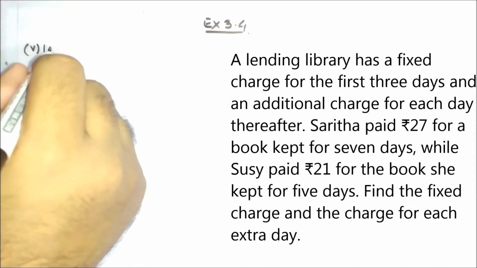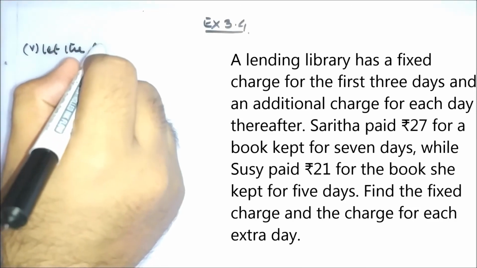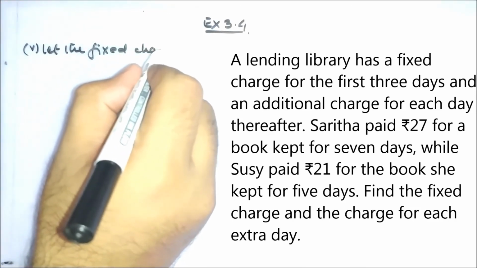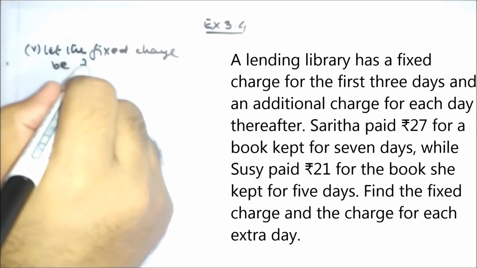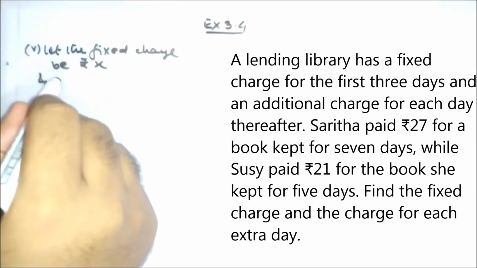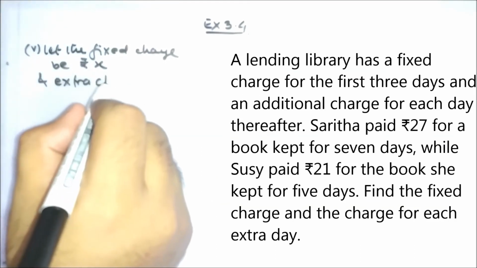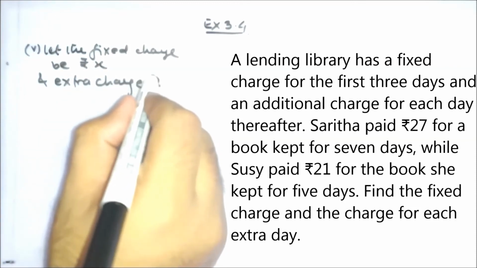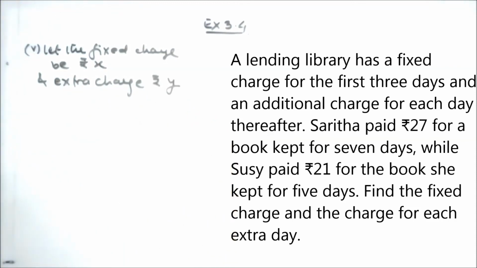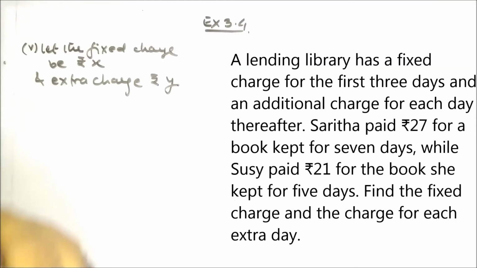So let the fixed charge be X rupees and the extra charge, that is per day only, be Y rupees. According to the question, if the book is issued for 7 days, Sarita paid 27 rupees for that.